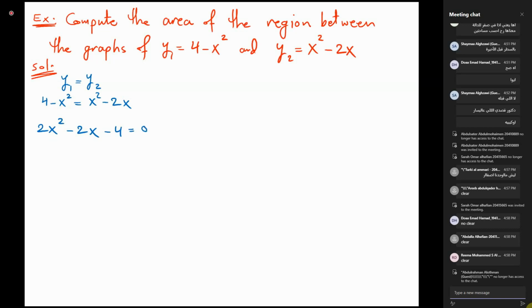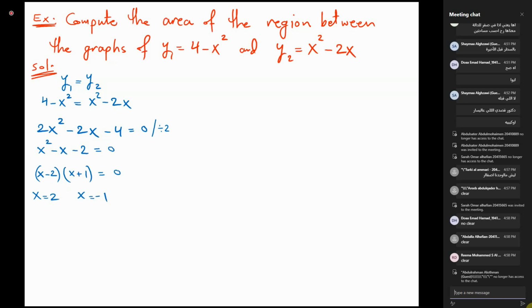By dividing by 2 we have x square minus x minus 2 equal 0. So we have a quadratic equation: two numbers with multiplication minus 2 and addition minus 1, minus 2 and plus 1. So we have x equal 2 and x equal negative 1.